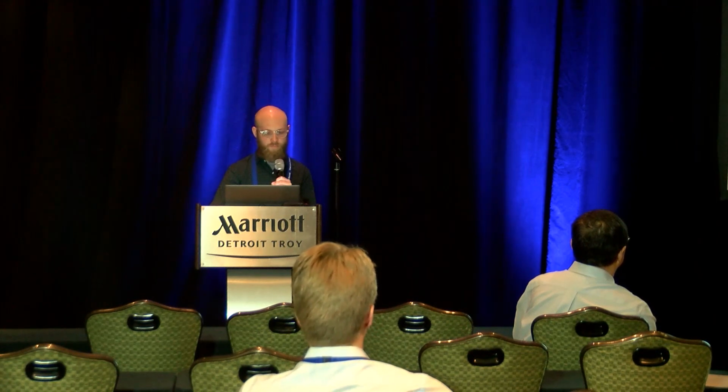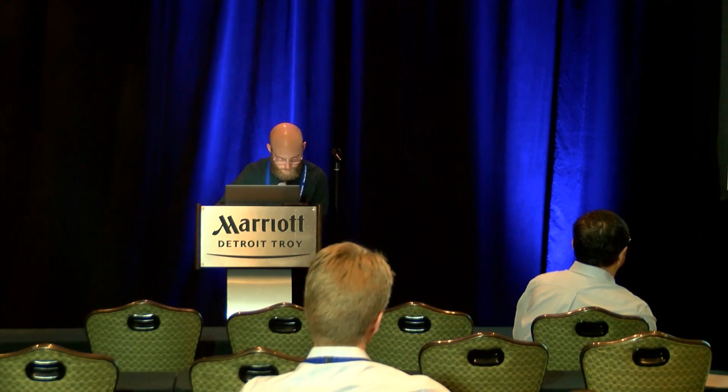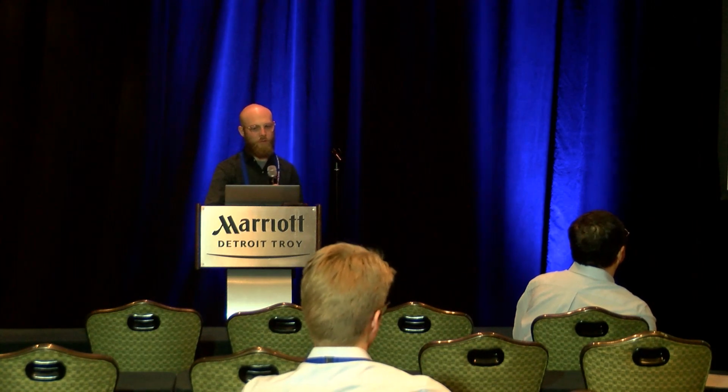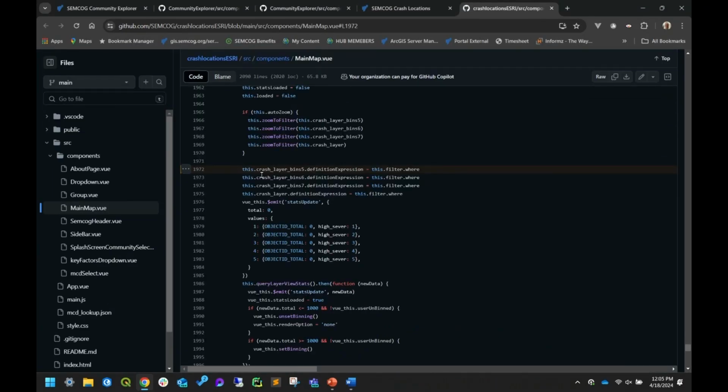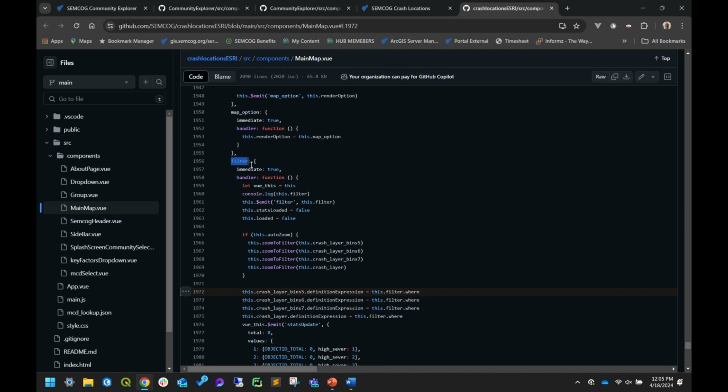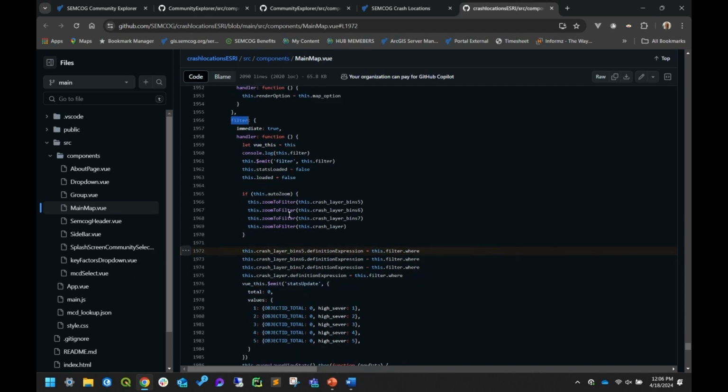And so there's a particular watch on the filter piece of data, and whenever that filter changes, so whenever the user is modifying what community they want to see or what severity they want to see, we're keeping track of that, and then we're setting the definition expression on the layer so that we can update the map and also take advantage of the caching.